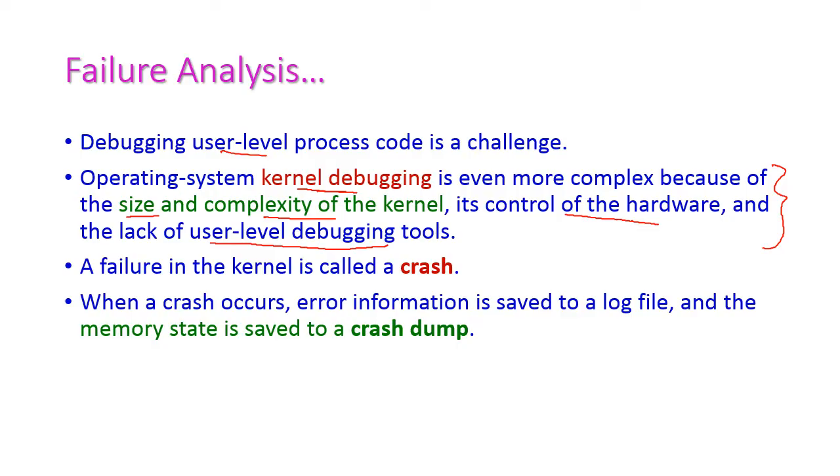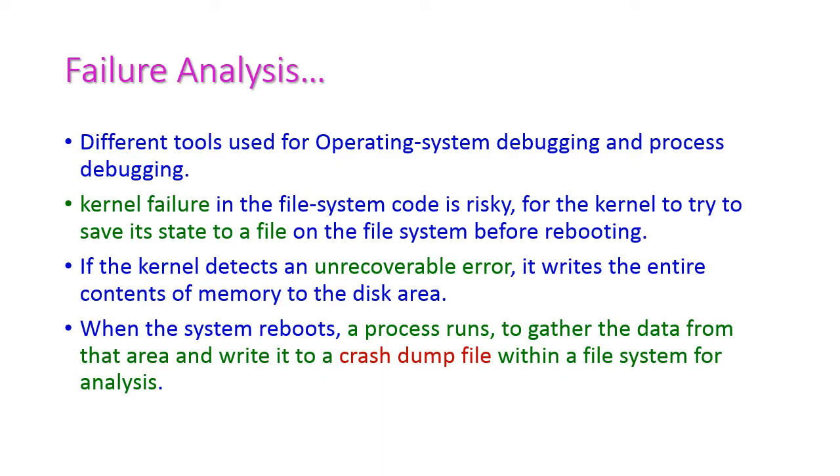If there is a failure in the kernel, which is called a crash, the system will crash. If a crash occurs, the error information is saved to a log file and the memory state is saved to a crash dump. There are different tools used for operating system debugging and process debugging.